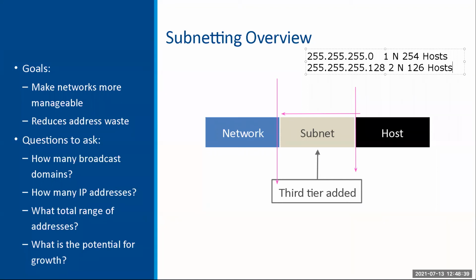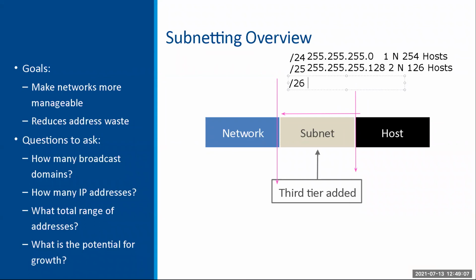Now, the problem with net masks is the fact that I don't get to size it in just any way. I must use a bit count, and the equivalent bit count for this top one is a /24. The equivalent bit count for the one just below it would be a /25. So the next one has to be a /26.